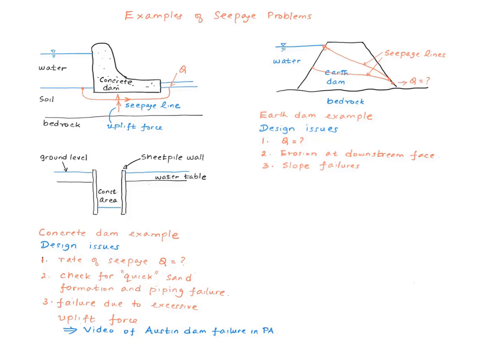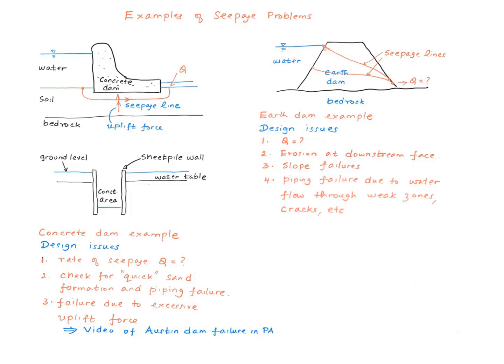Number three, the possibility of slope failures. We know seepage changes the water pressure, right? And sometimes this change in water pressure could decrease the shear strength of the soil, which could lead to slope failures of either the upstream side or the downstream side.